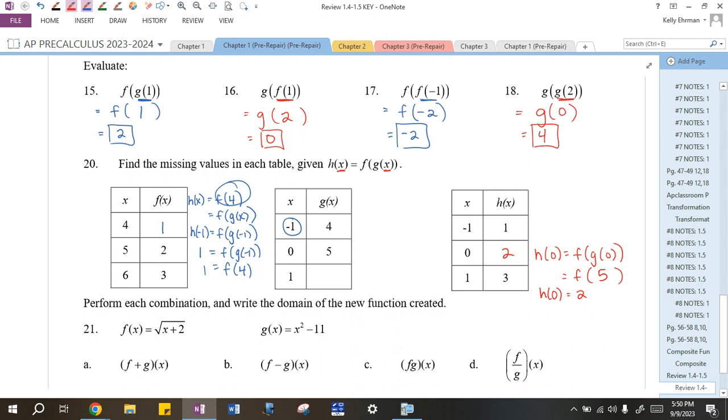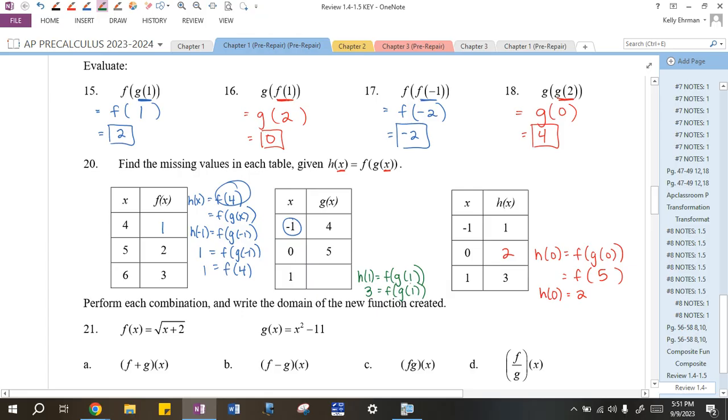Okay, what about g? So for g, I want to find g of 1. And how is this built into the function? Well, it's going to be f of g of 1 equals h of 1. We have h of 1. h of 1 is 3. Okay, so this one's a little different because we're trying to find g of 1.